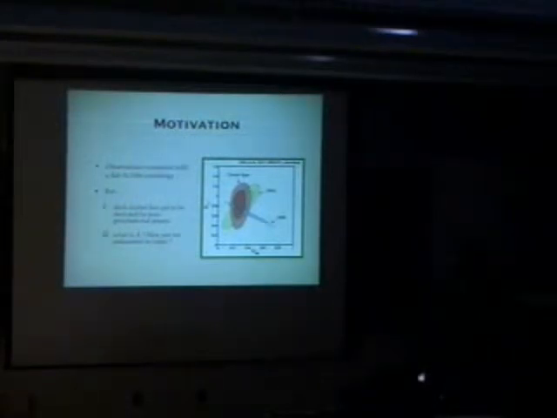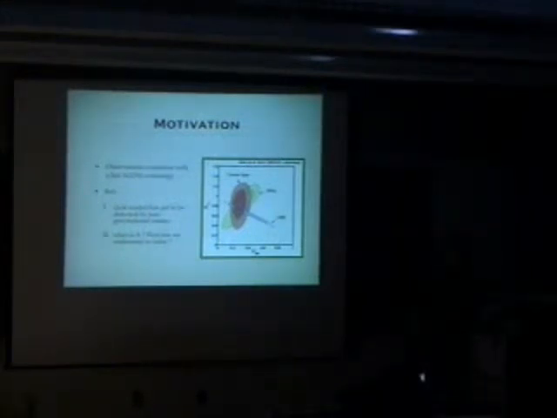This simple model has been confirmed, or at least is consistent with a large class of observations, such as baryon fractions, that is the ratio of baryons to dark matter, in clusters, with standard candles like supernovae, with CMB measurements, etc. And it's consistent within about 10% at the moment.